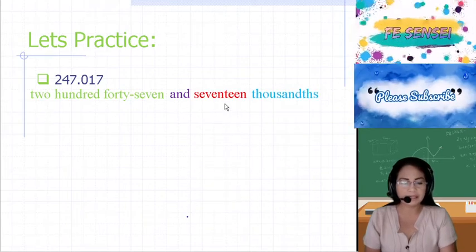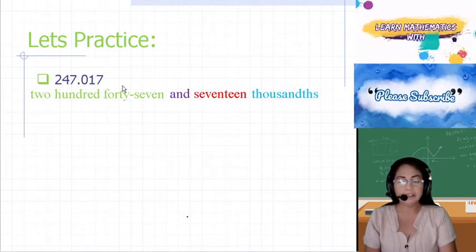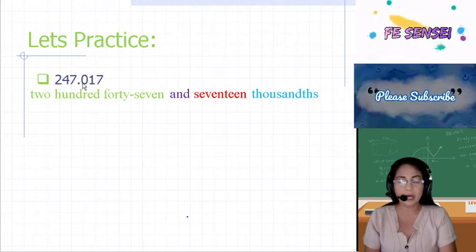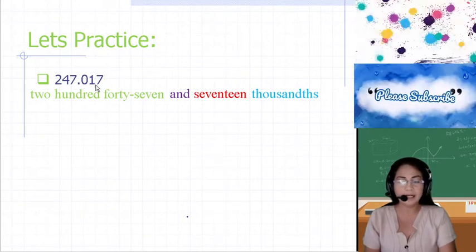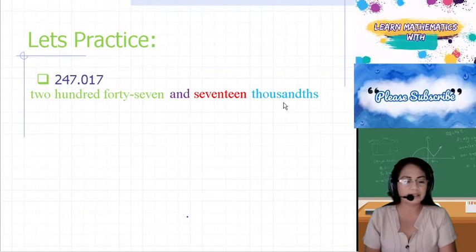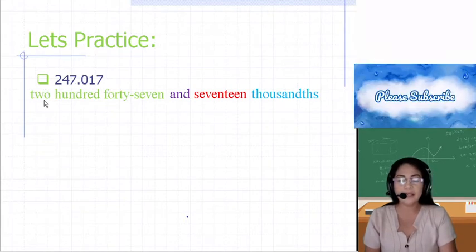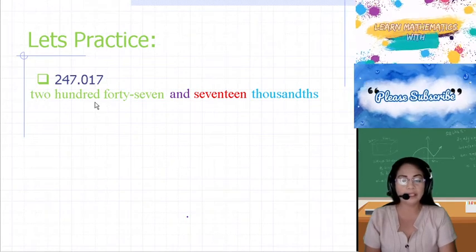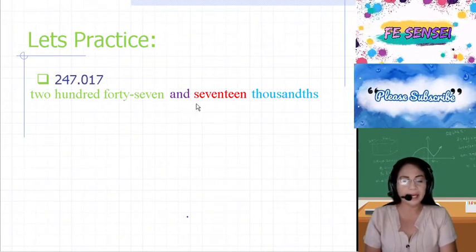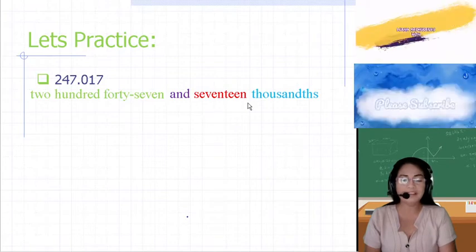It's 17. Then the last digit: is this tenths, hundredths, thousandths? So this is it, thousandths. So this number can be read and written as 247 and 17 thousandths.